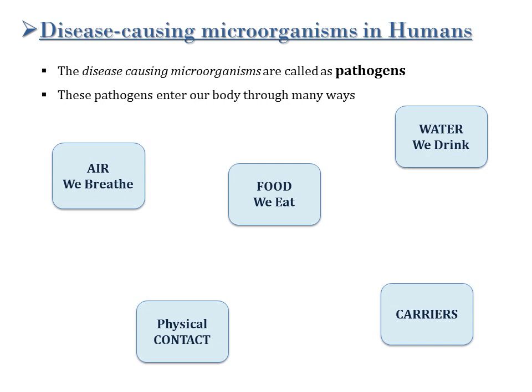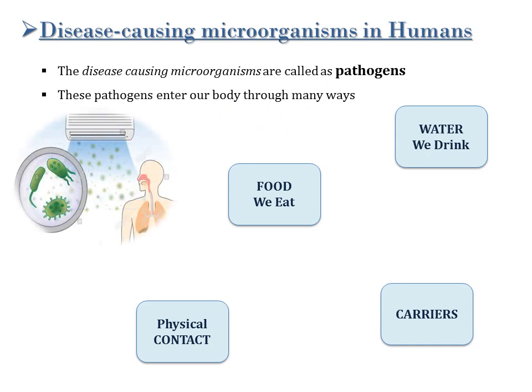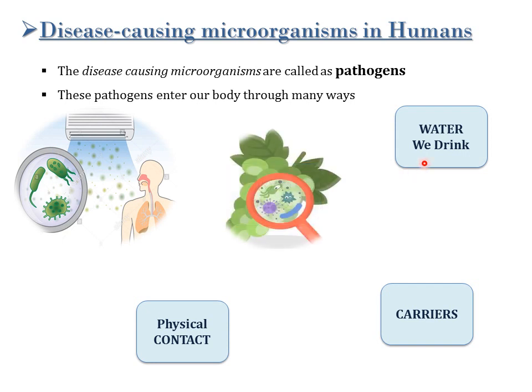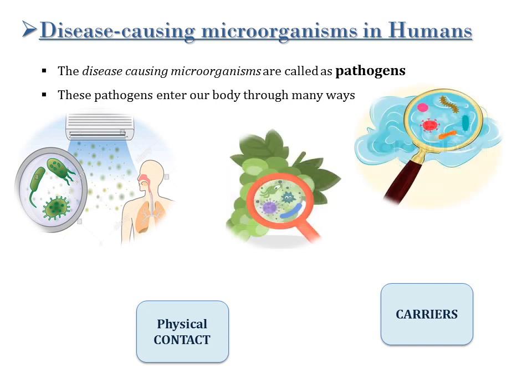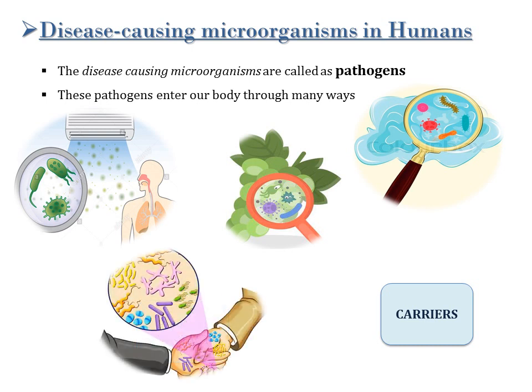So these pathogens can enter our body through the air we breathe, through the food we eat, through the water we drink, and they can also be transmitted by direct contact with an infected person, that is, through physical contact as well. Microorganisms can also be spread by certain animals and insects called carriers.